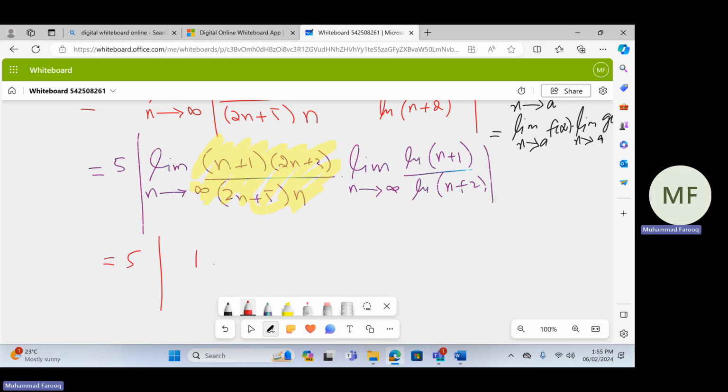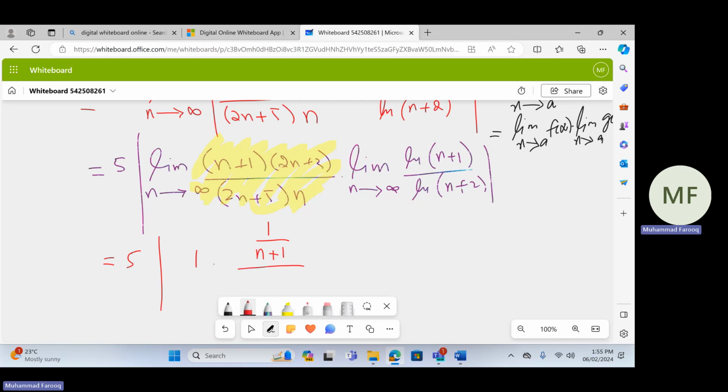Okay. Now, how do you evaluate the limit of this function, please? L'Hopital's rule. This is the infinity over infinity case. L'Hopital's rule: the derivative of the numerator and the derivative of the denominator. So what is in the numerator? ln of n plus 1. What is its derivative? 1 over n plus 1 times the derivative of n plus 1, which is 1.